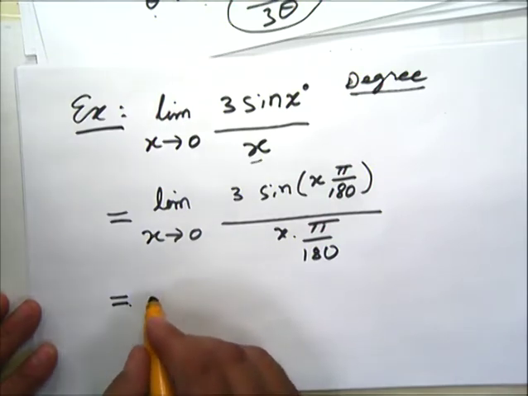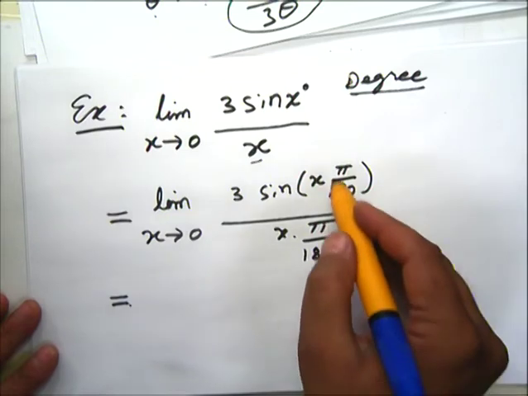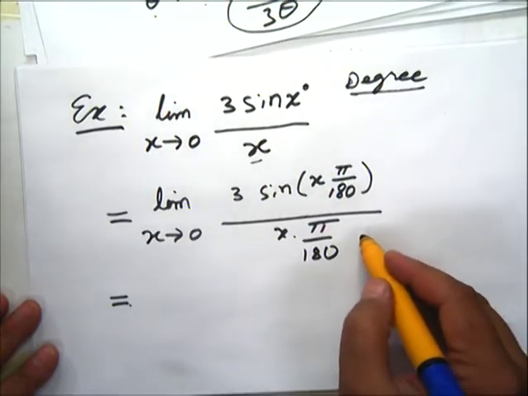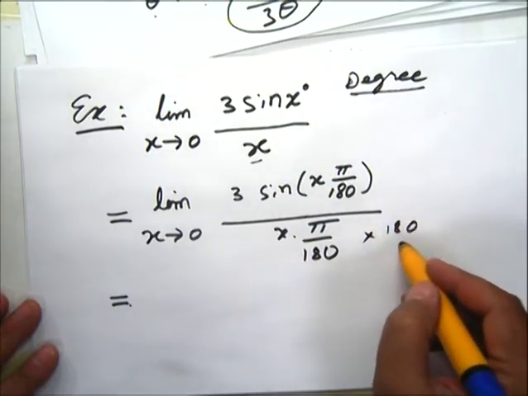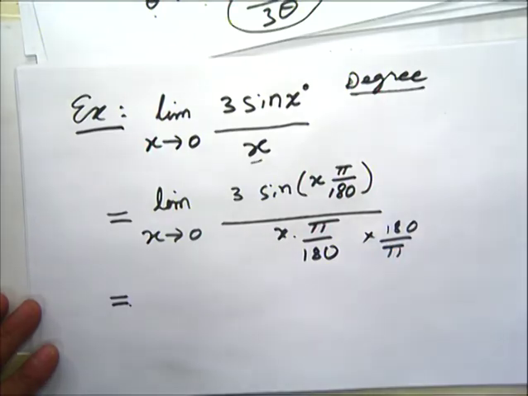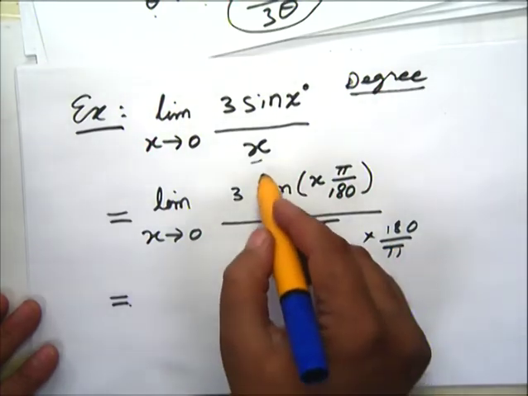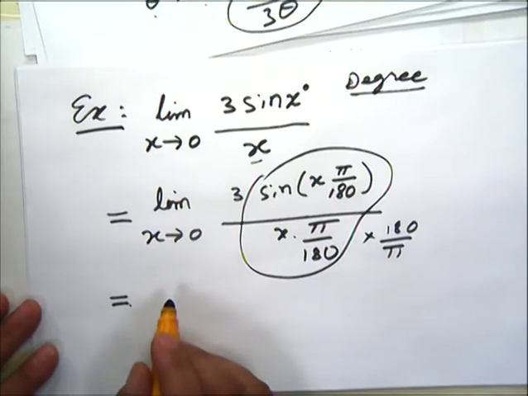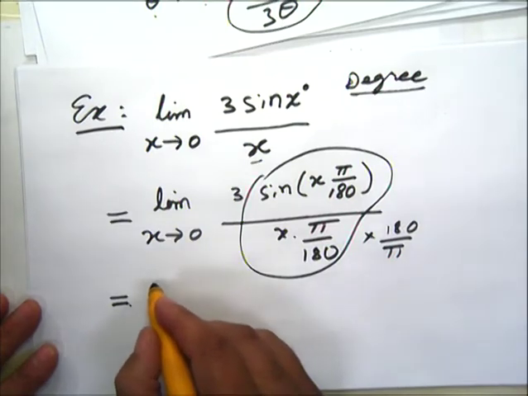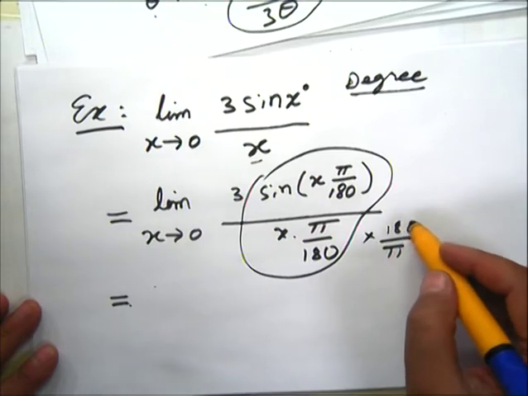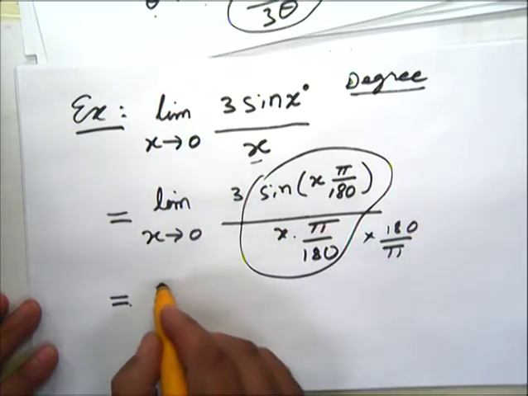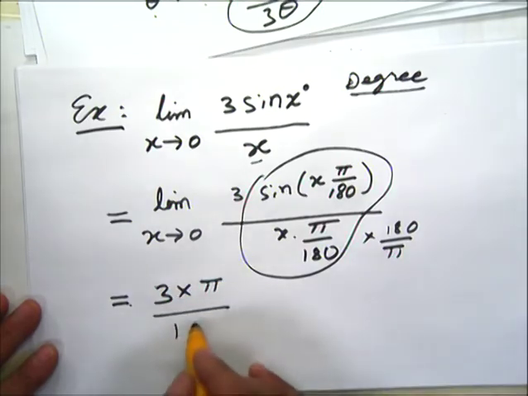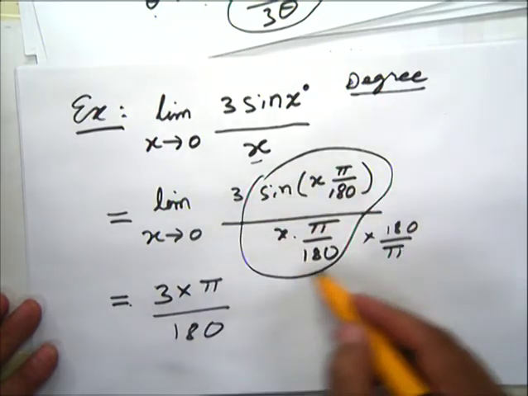This is 3. Here we have converted this. So what will we write? 180 upon pi. So we will use this, and so this is equal to, just a minute, or we can write 3 into pi upon 180, okay, and this will be 1.